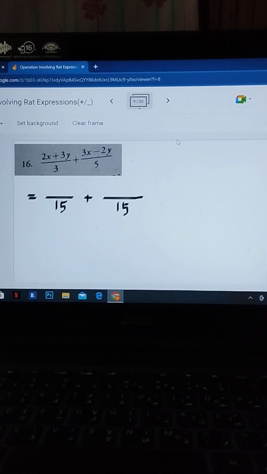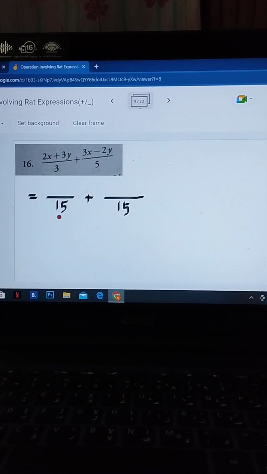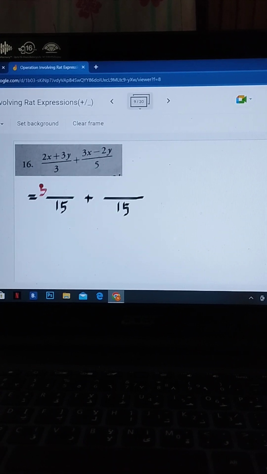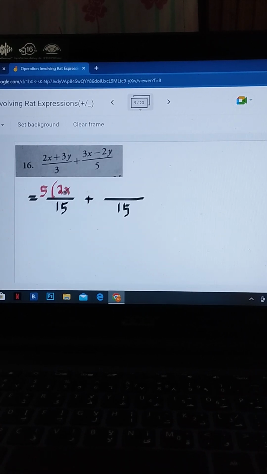Okay, number 9. The LCD of 3 and 5 is 15. So 15 divided by 3 is equal to 5. Okay, 5 multiplied to 2x plus 3y.